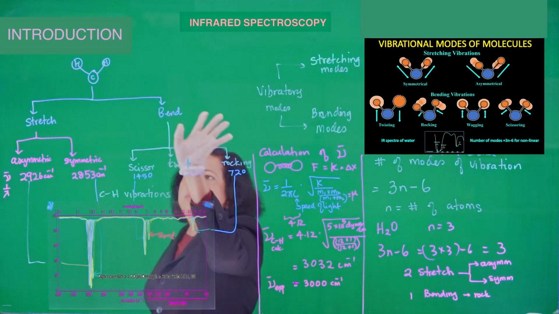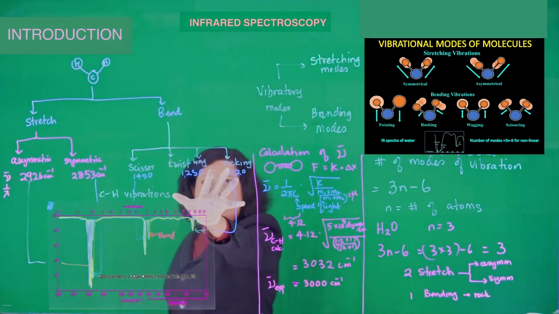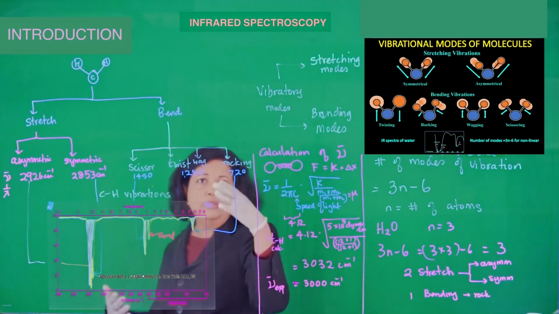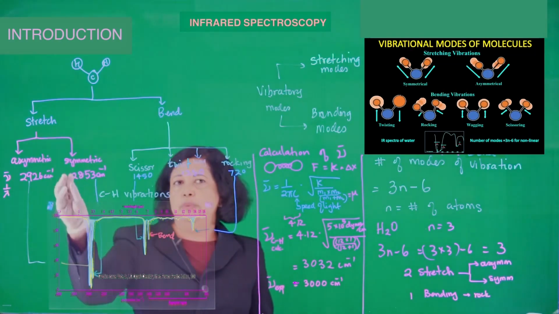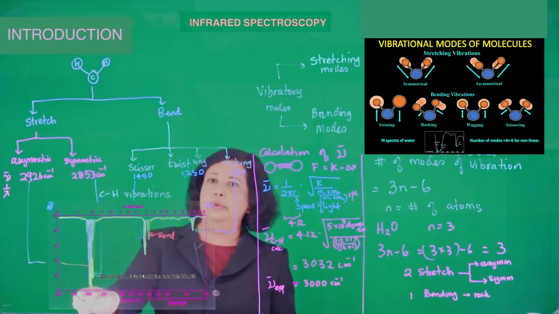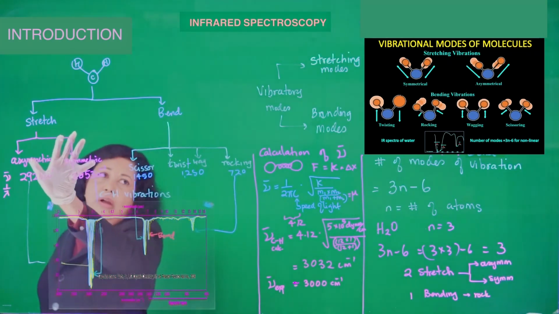The bends are going to be a lot less than the stretches. And in the bends, you can have 4 types. And you won't see all of them all of the time. You may see 1 of them or 2 of them. But typically stretches you would see, and they're very intense. That means they're absorbing a lot at that frequency. All right? So these are medium, these are strong.